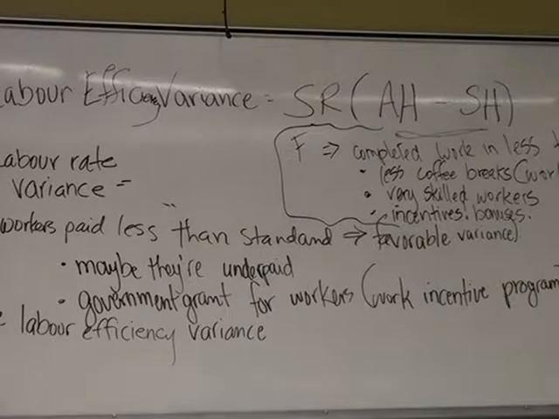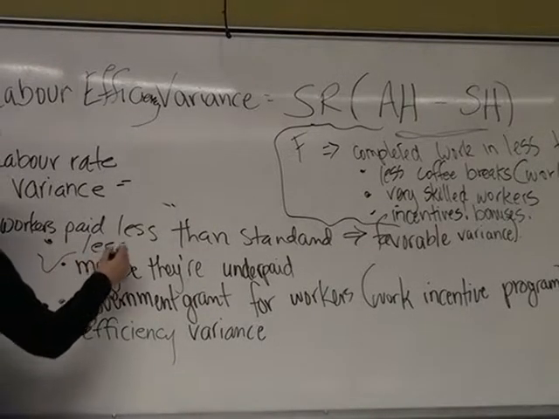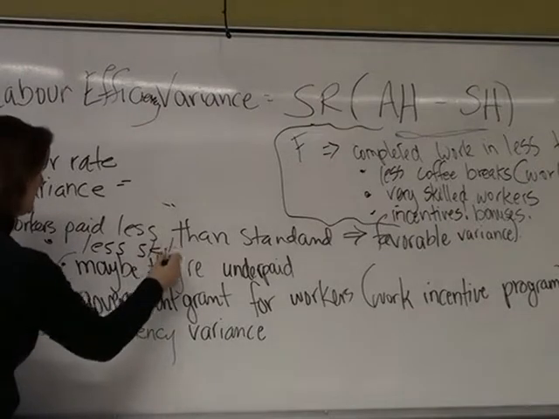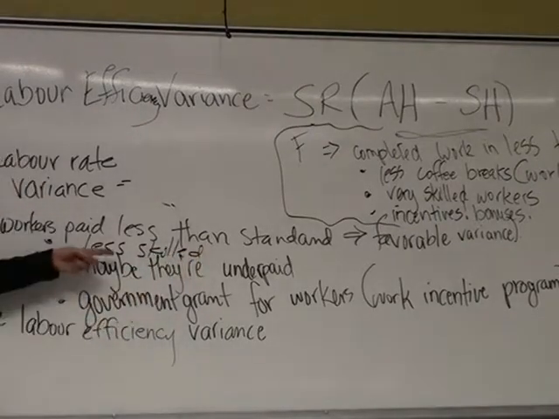Could our workers still be paid less than standard rate, like underpaid? Yeah, if they were underpaid, would that affect the hours? No, that's still valid. What if they were less skilled? Right, because lower skilled workers get paid less.